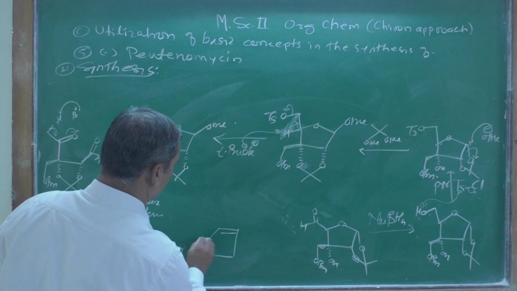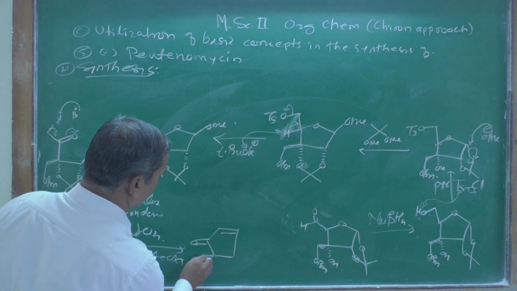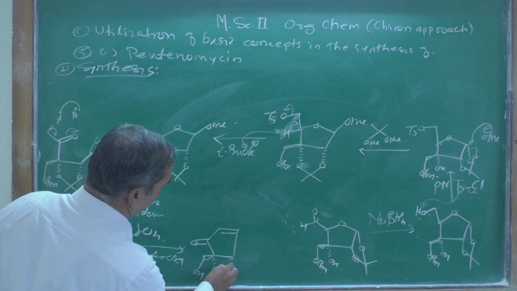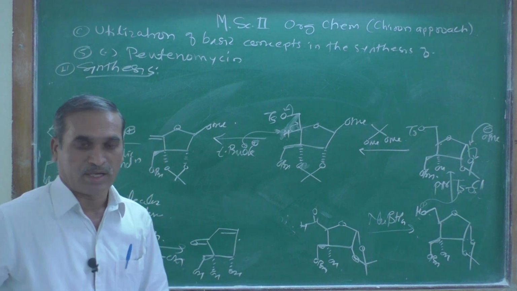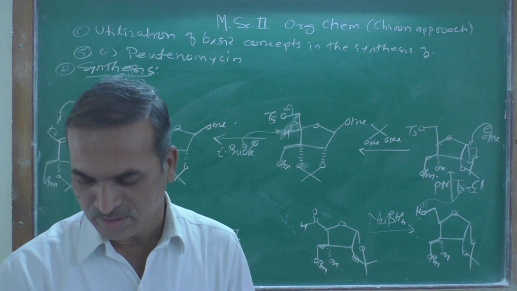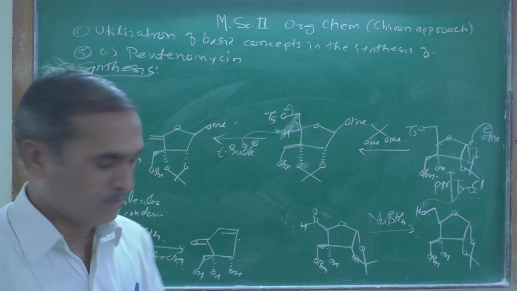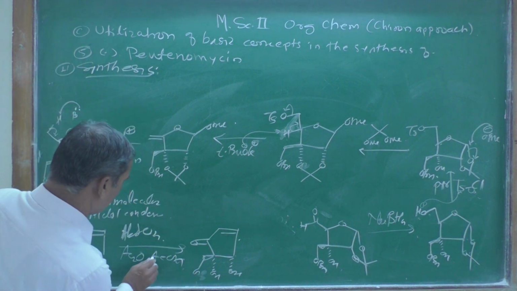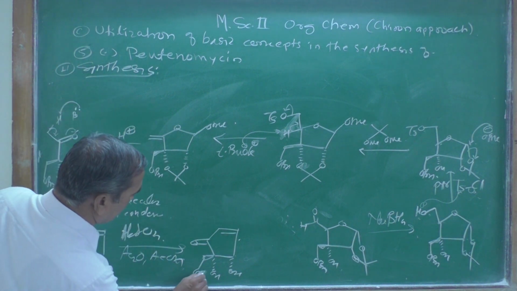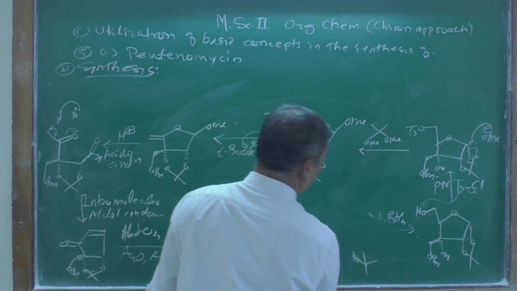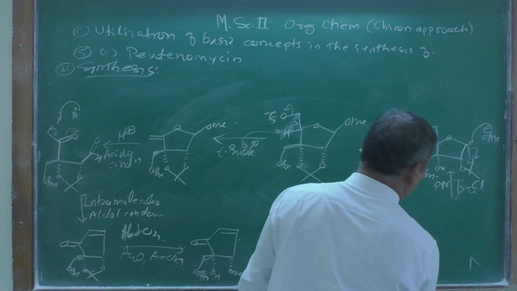The product is this one, C double bond O, this one OH, this one is OH, and this is our final product. Yes, here this can deprotect this one, still OBn. Now OBn hydrogenolysis is avoided over there.